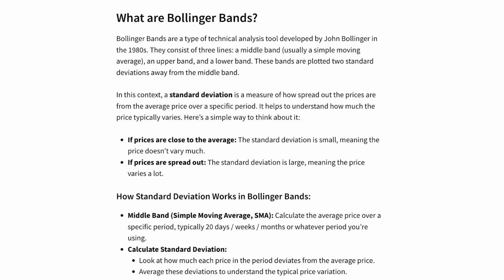If prices are really close to the average, then the standard deviation is going to be small, and that means the price doesn't vary much, and the bands are going to be close together. Now, if prices are spread out, so if prices are rising or dropping, then the standard deviation is going to be larger within that average. The price will vary a lot, and then the bands will expand.